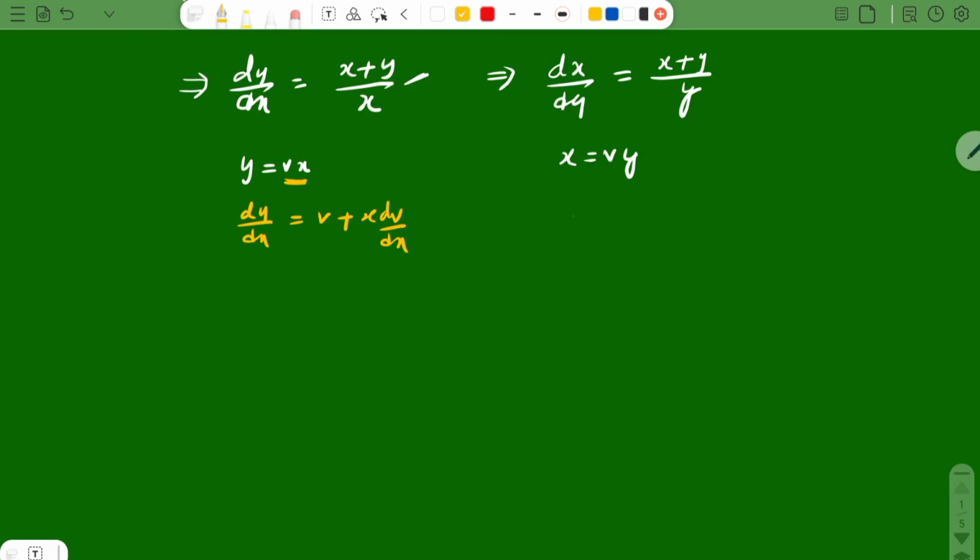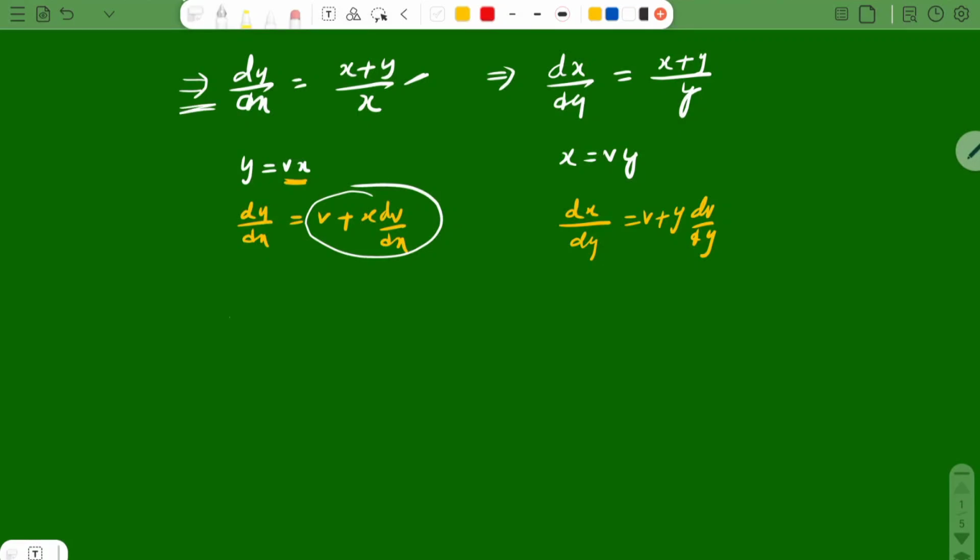For this, we'll get, differentiating with respect to y, dx by dy, which is equal to v plus y into dv by dy. So wherever we observe the dy by dx, just replace this with v plus x dv by dx. So by observing this question, we are going to solve.